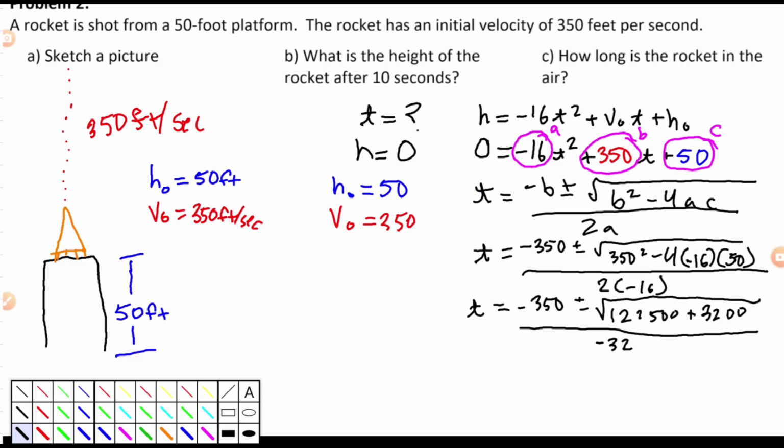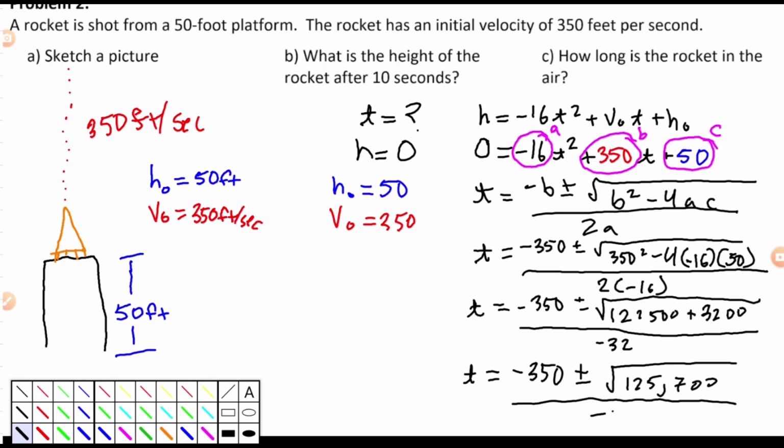All right, now we'll just keep simplifying, and we're going to get t is equal to negative 350 plus or minus the square root of 125,700, all divided by negative 32. So I would leave it right here, because now this is just calculator work. So we should go into Desmos or something else to find out what the answer is for this problem.